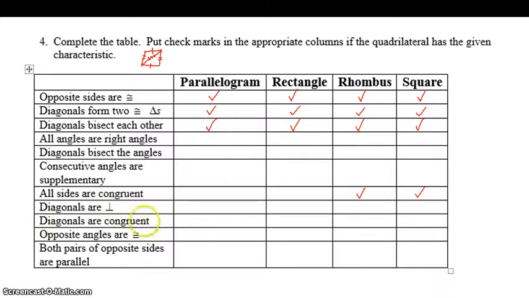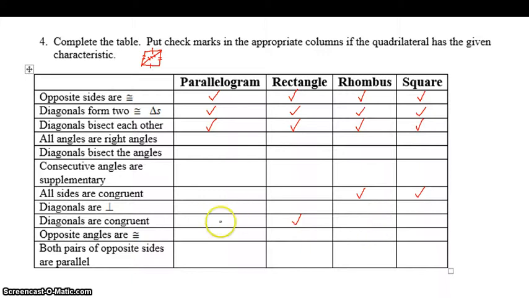Let's look at diagonals are congruent. Parallelogram, that was not true for the definition, and it wasn't one of the 4 characteristics of parallelogram, so I don't check there. Diagonals are congruent, though, was one of the special characteristics of a rectangle, so I will check that.